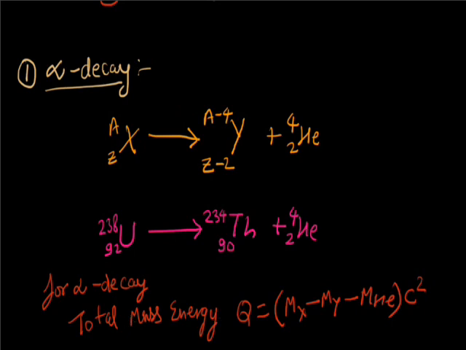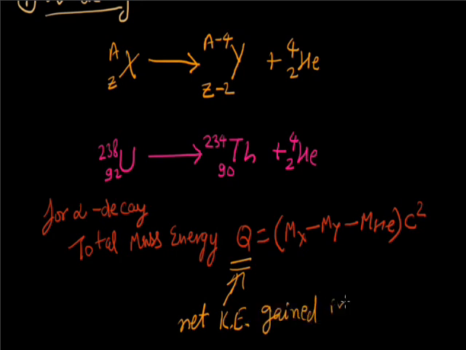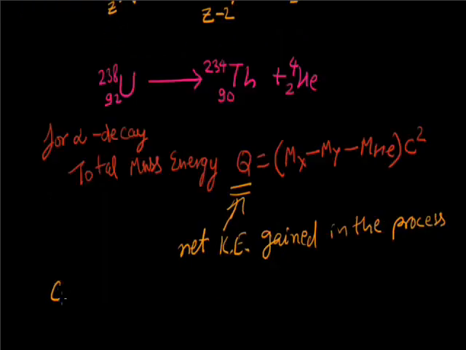Q is also a kinetic energy, the net kinetic energy gained in this process. The Q is greater than 0 for alpha decay, so it is an exothermic process.